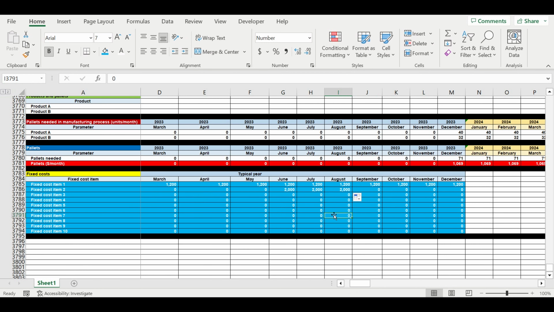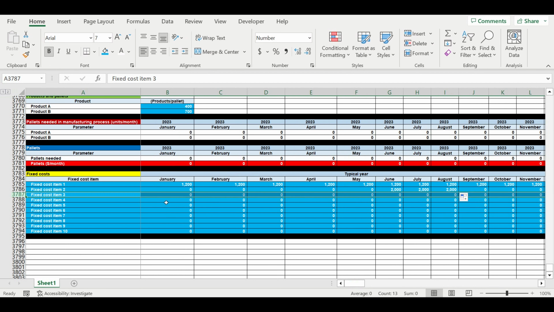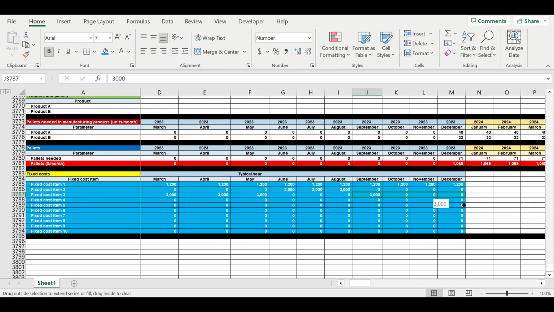Some fixed costs, you have to think about your business idea and try to remember what kind of costs you have, whether they are variable or stable, but they occur, for example, only from January to May, and from, for example, August, and from September till December. So they have some seasonality.